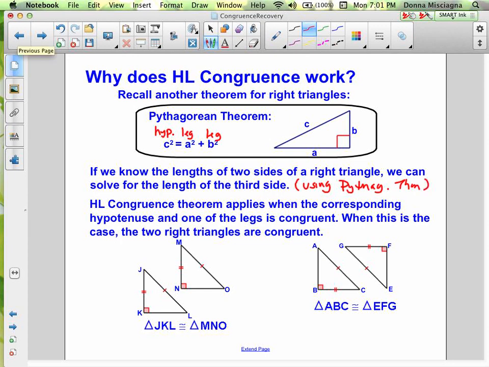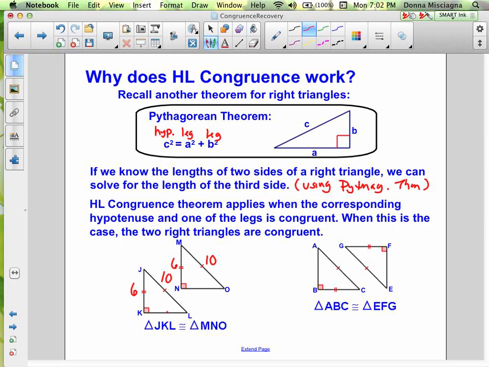The hypotenuse leg congruence theorem applies when the corresponding hypotenuse and one of the legs are congruent. When this is the case, the two right triangles are congruent. Because if we knew, for instance, that JK was congruent to MN, and JL was congruent to MO, and we knew the measurements, so say this one is 6 and this one is 10, then we could just use the Pythagorean theorem and solve for the missing side.